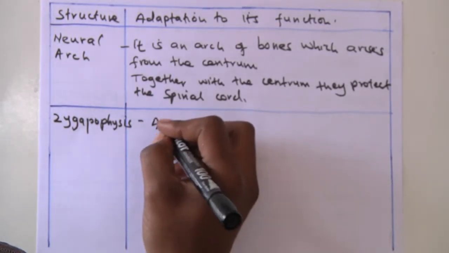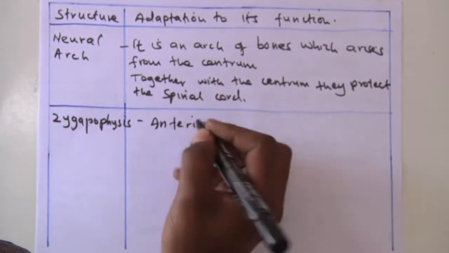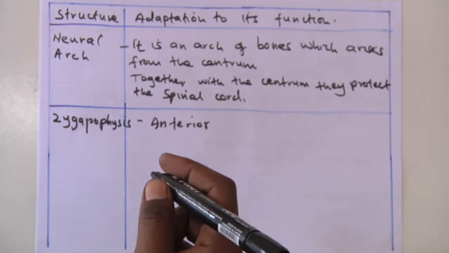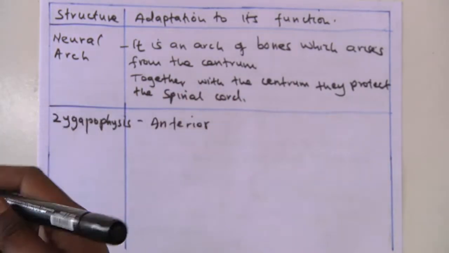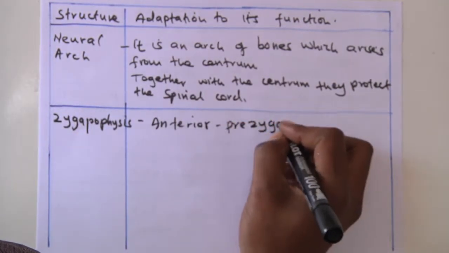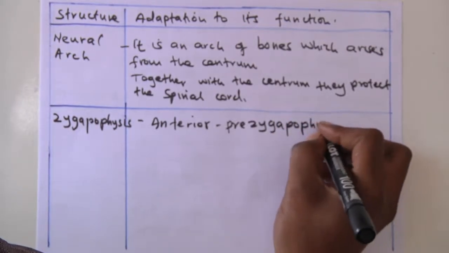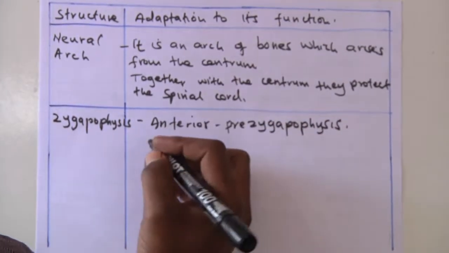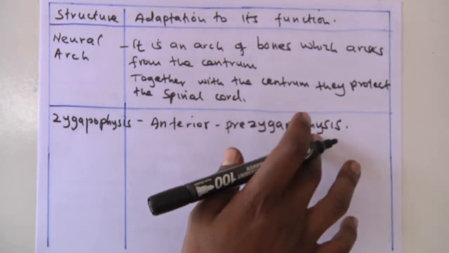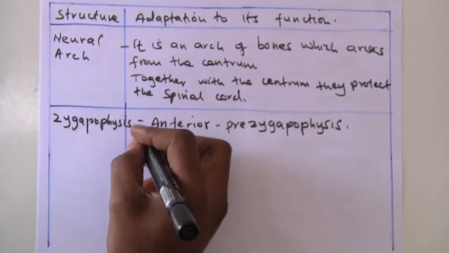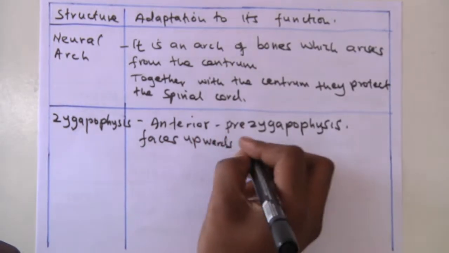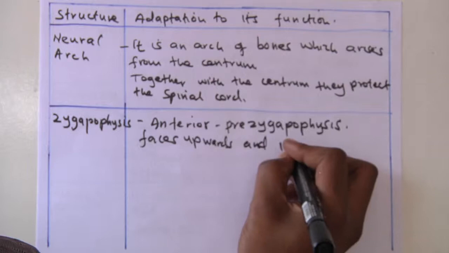Now, anteriorly, these zygapophyses, which are found towards the front, are what we call pre-zygapophyses, and these always face upwards and inwards.